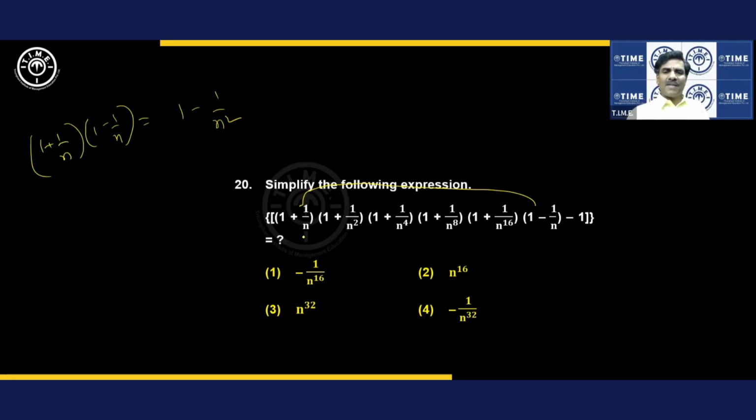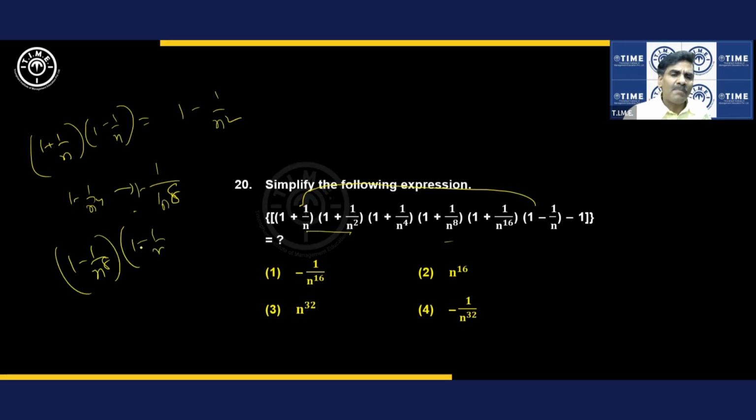If you multiply with the next one, 1 minus 1 by n square into 1 plus 1 by n square, we get 1 minus 1 by n power 4. Again, multiplying with the next one, it will be 1 minus 1 by n power 8. Next, using this with again the next one, 1 plus 1 by n power 8 into 1 minus 1 by n power 8, it will be 1 minus 1 by n power 16.